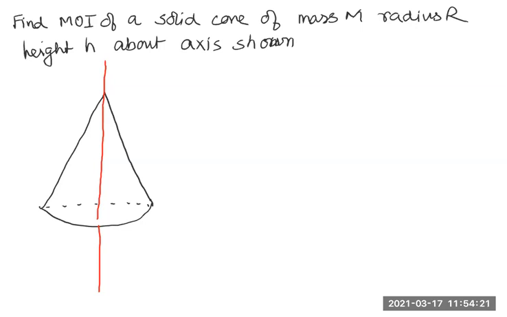I will give you a hint. Everyone, please try. Don't sit. A cone is made up of discs. Out of the infinitely many discs that make up this cone, we choose one which is at a distance of y from the apex. Therefore, the thickness is dy.